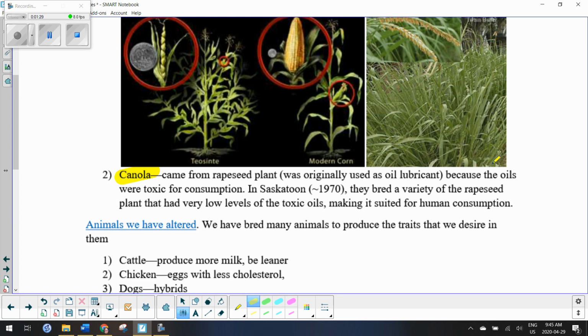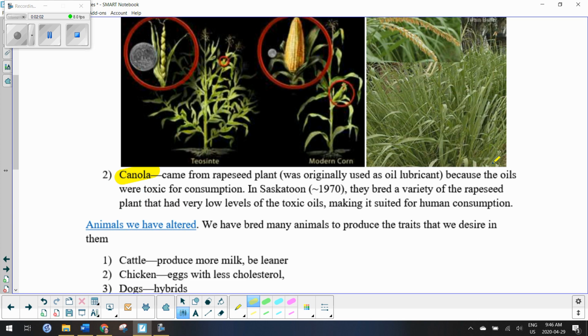Now in Saskatoon, yay Saskatchewan, they bred a variety of these rapeseed plants that had very low levels of that toxic oil, so that they could make this oil more suitable for human consumption. So they selectively bred, or basically altered, the canola plant, or the rapeseed plant, so that we can actually use it for cooking.